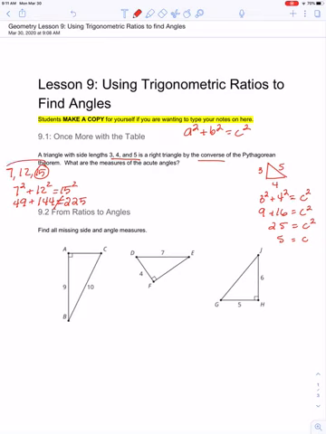So these three sides cannot be a right triangle. Okay, so that's proving the converse of the Pythagorean theorem. So I just wanted to go over that vocabulary so you understand what this question's asking you.